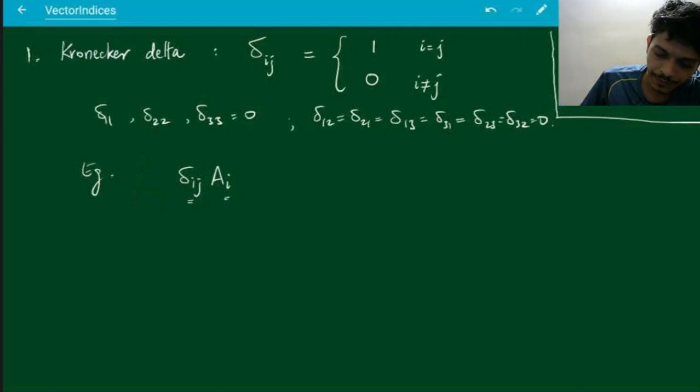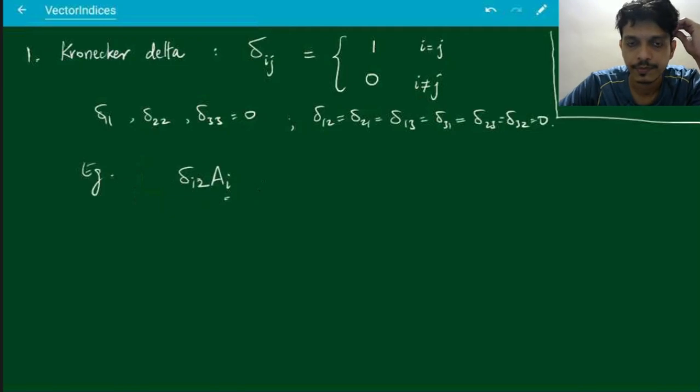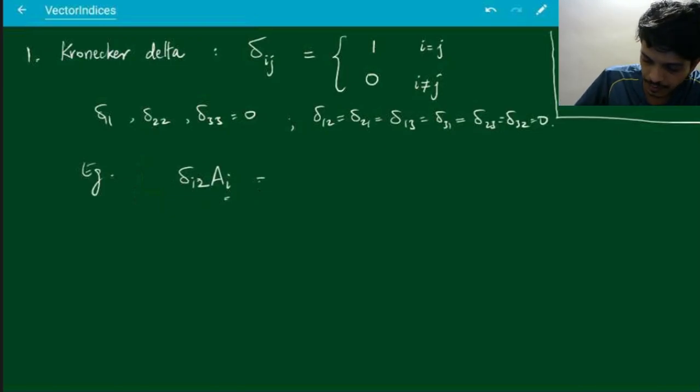So what's going to happen over here? Okay, first let's do it explicitly. Suppose j was equal to 2, just as an example. Then I'm supposed to sum over all the i's. So i can be 1, i can be 2, i can be 3.